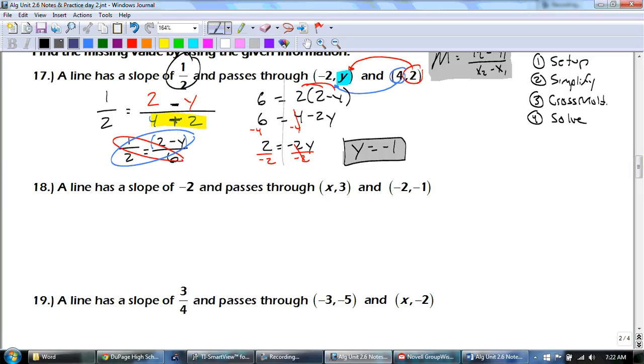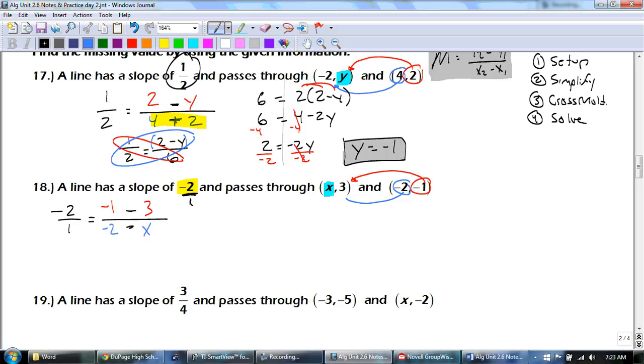Now, my slope is -2. And remember that that's -2 over 1. So I have -2 over 1 equals, and here I'm getting ready to set up my formula. This time we're trying to find the x. I set it up the same way. It's -1 minus 3. And then on the bottom, I have -2 minus x.